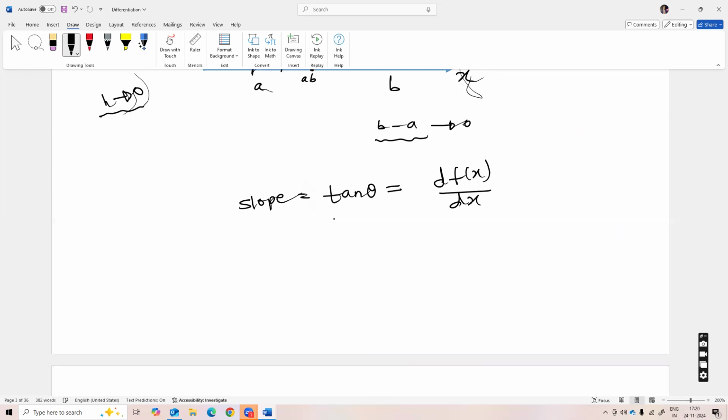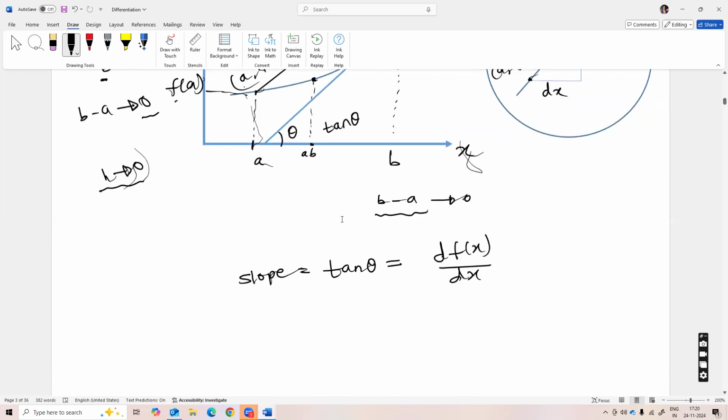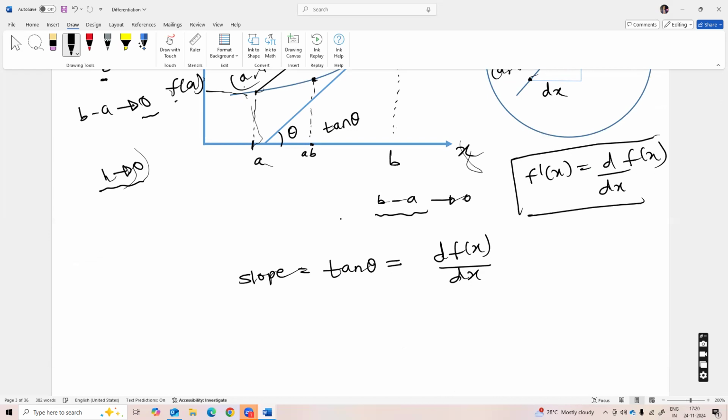I told you that the derivative is written as f dash of x, but you can write it as d by dx of f of x also. Both are the same thing. If we have a function y equal to x square plus 2, then its derivative can be given as y dash, or it can also be written as dy by dx.